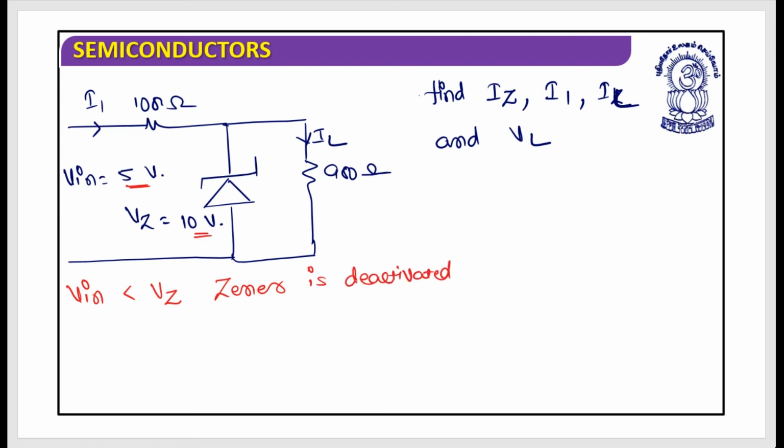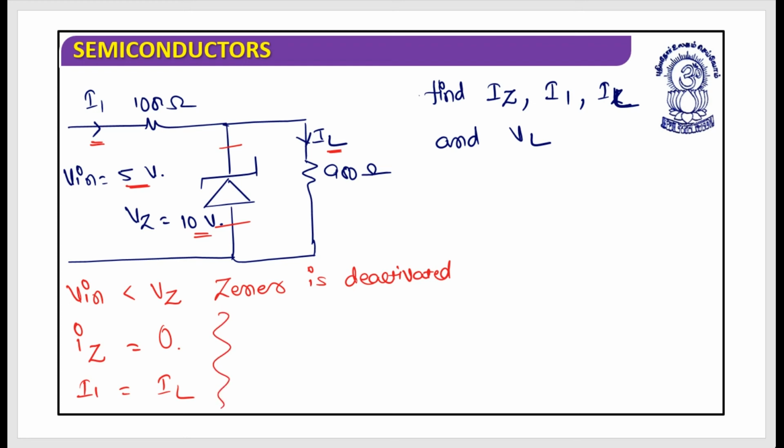And as the Zener is deactivated, Iz, the current through the Zener, is 0, because no current will pass through it. If no current passes through it, then this path has been broken. So whatever current passes through I1 is the same as IL. That means I1 and IL would be the same.